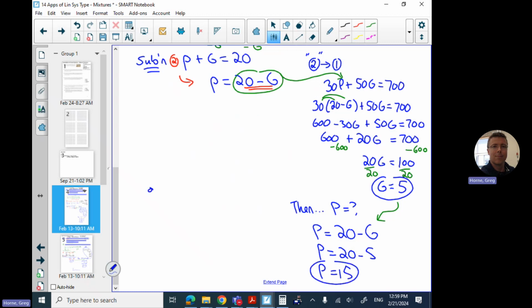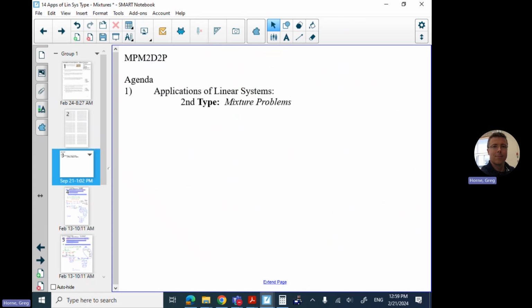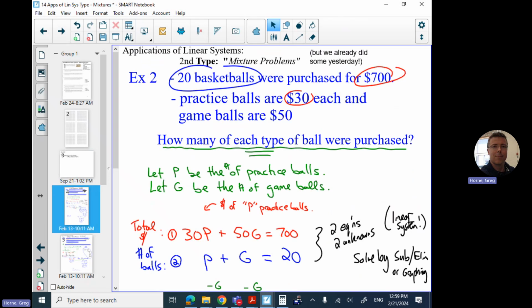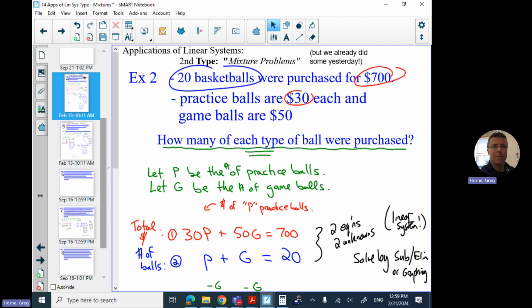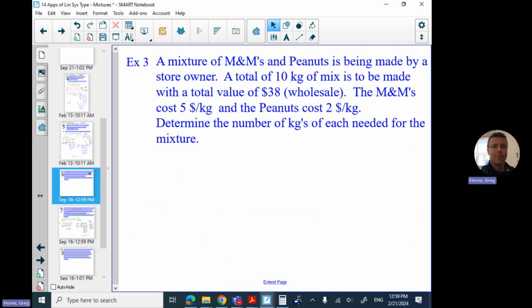Therefore, the number of practice balls is 15, and the game balls is 5. Well, that is a mixture type question. So take a look at the next one for a bit, pause if needed, and press play when you're ready, once you've tried it.